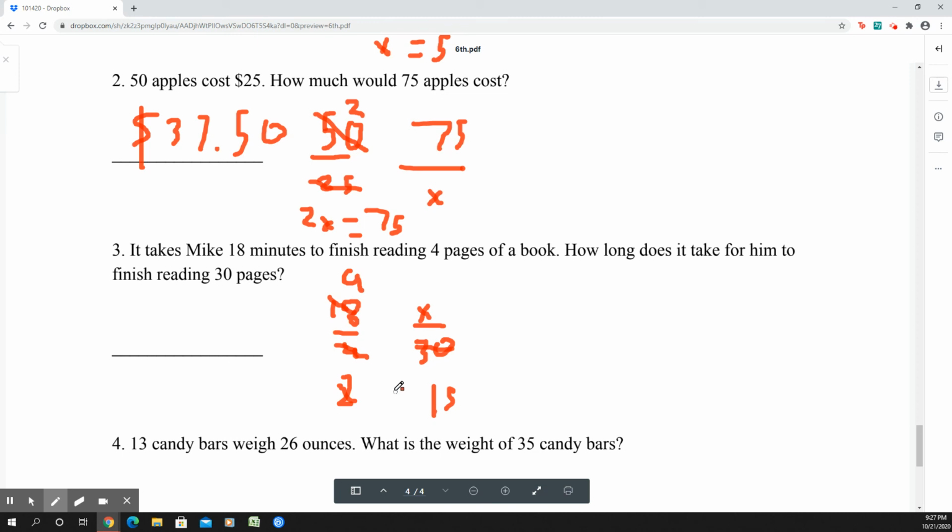And then just multiply across to get X is equal to 135. Yeah, so he would be able to read 30 pages in 135 minutes.